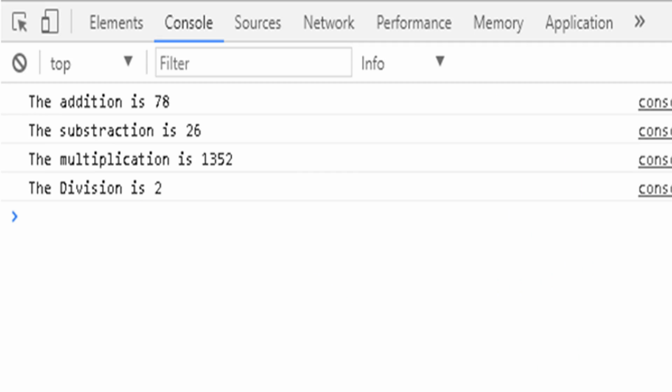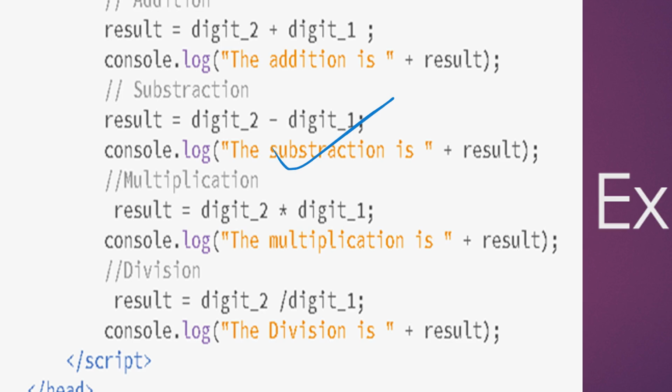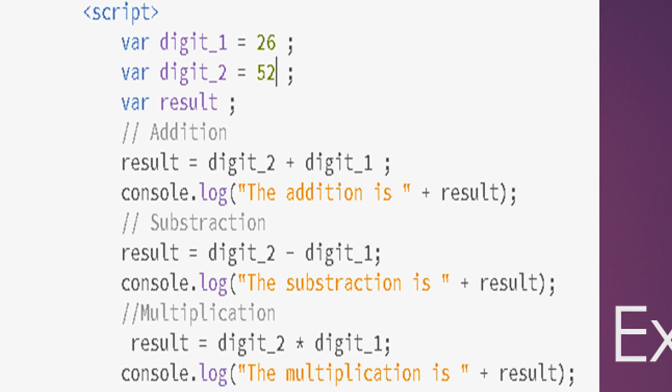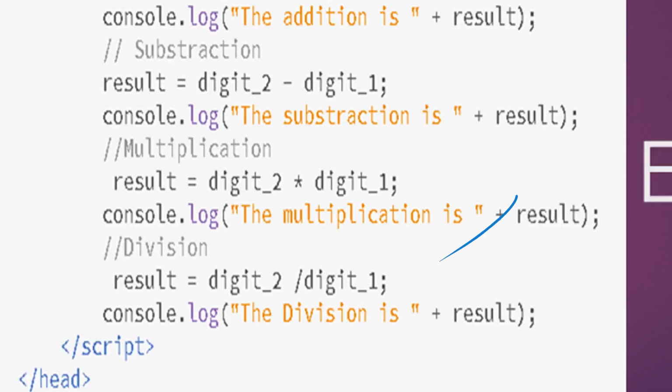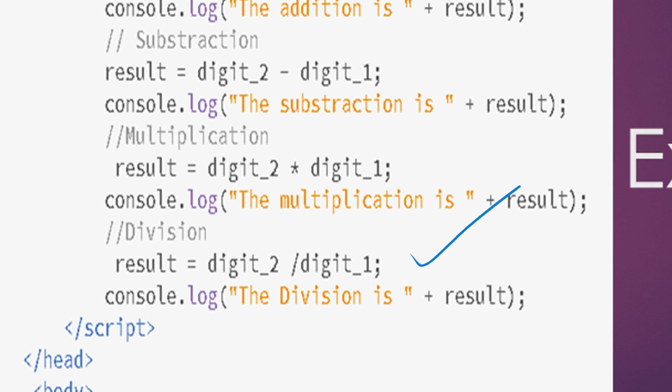In the very first, the addition is 78, the subtraction is 26, the multiplication is 1352, and the division is 2. Also you can see here once again that these are our two values. First I have added them, given the result to this value, and after that I have printed result. In the same way I have done subtraction, multiplication, and division, and here you can see I use the same method for each of them.